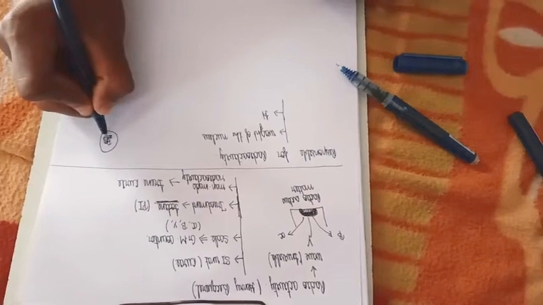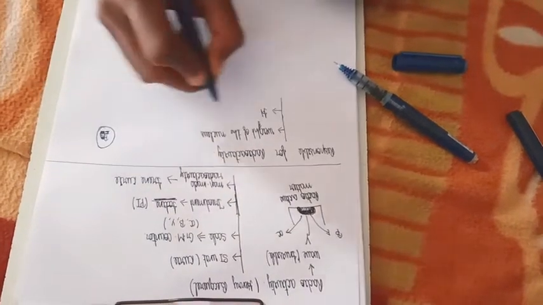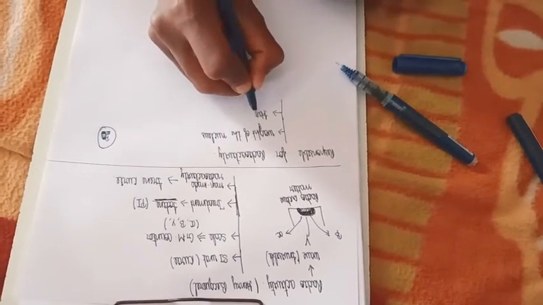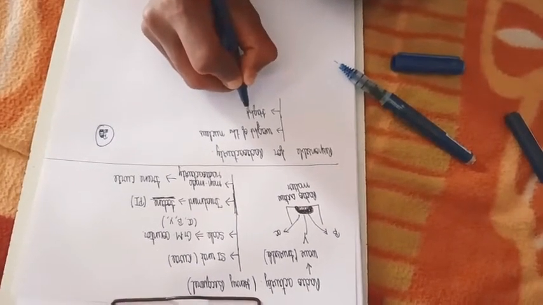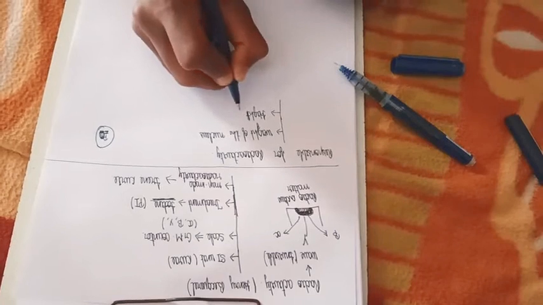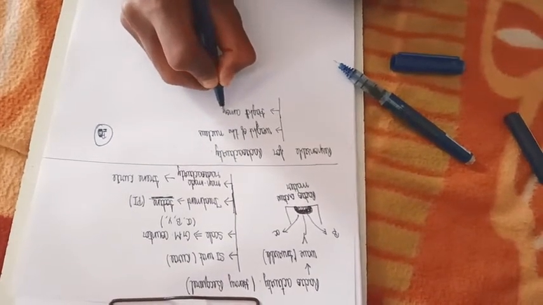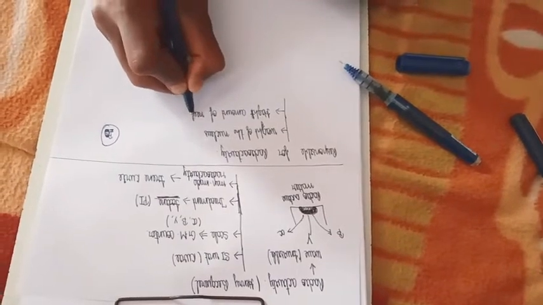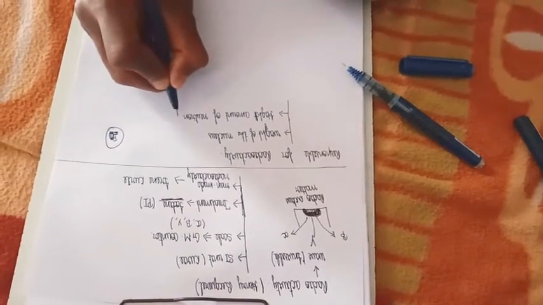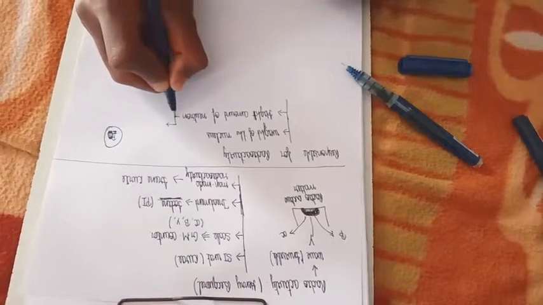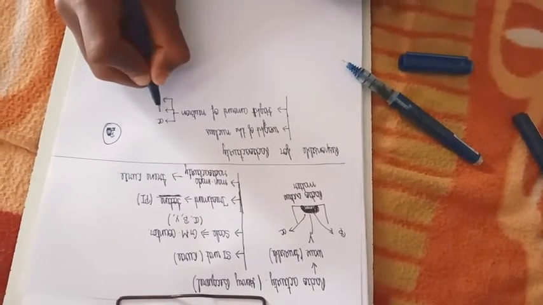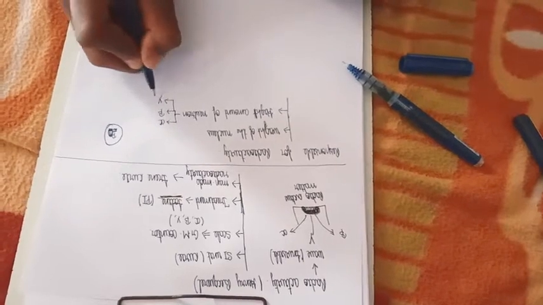But neutrons need a high amount to produce alpha, beta and gamma rays.